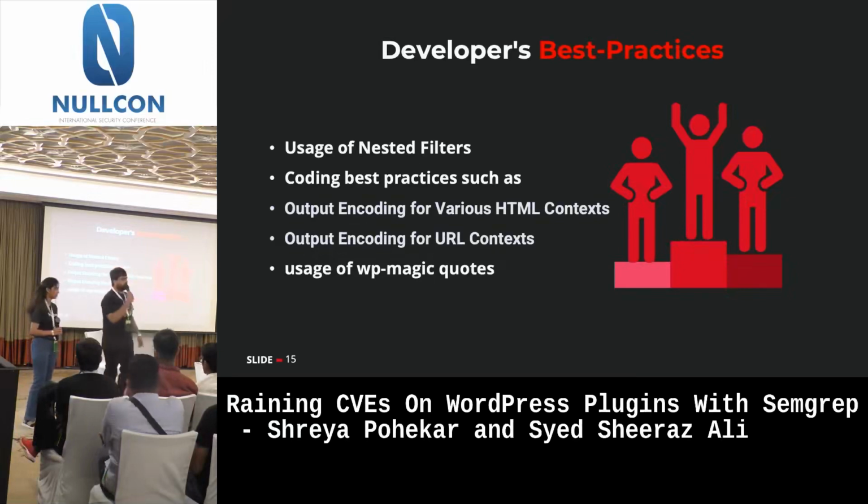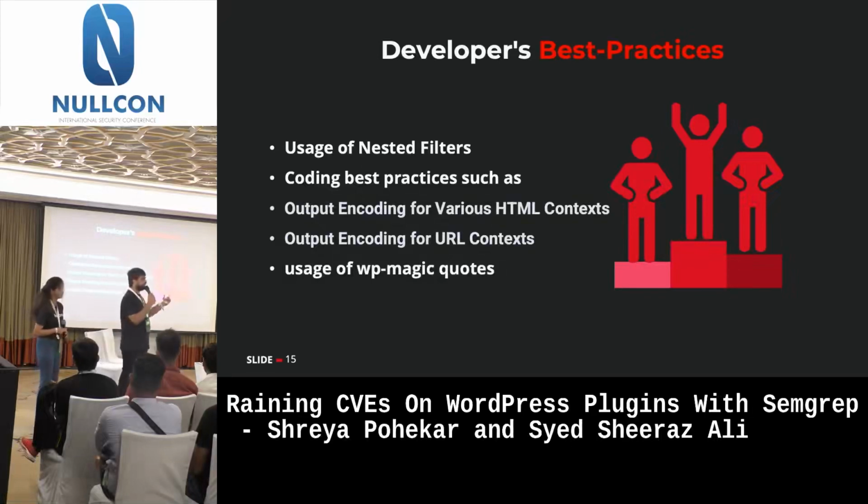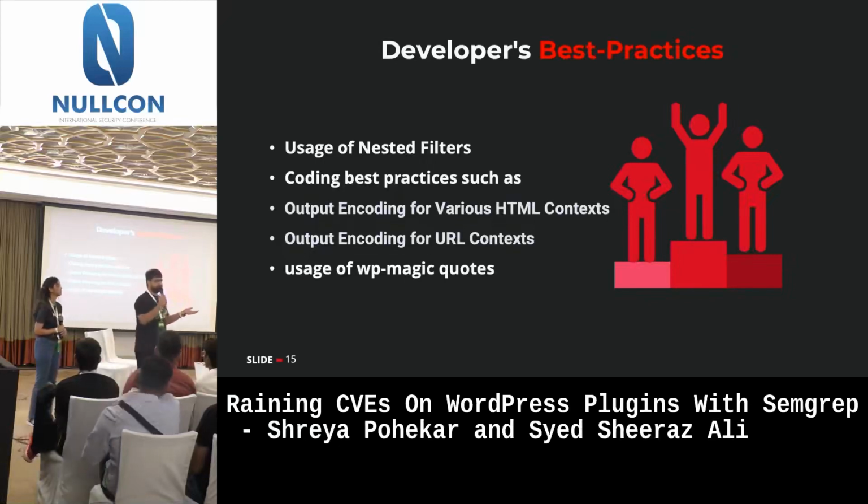Coming to our last point, one thing that we weren't able to bypass during this research was WP magic quotes. WP magic quotes is a feature of WordPress that is there by default and turned on by default. Even when we could see a clear shot at XSS or SQL injection, whenever we tried to input our payloads, it automatically turns it into a string.